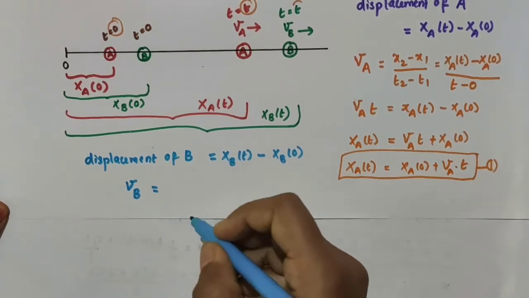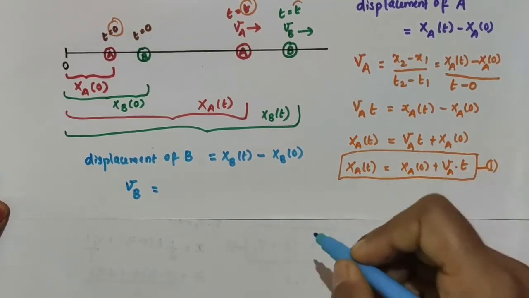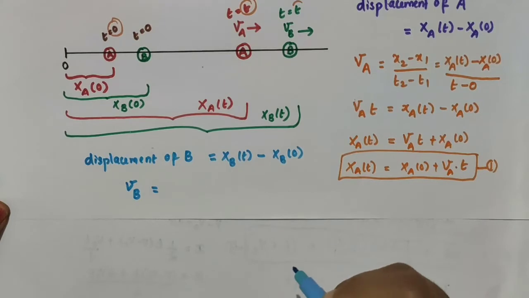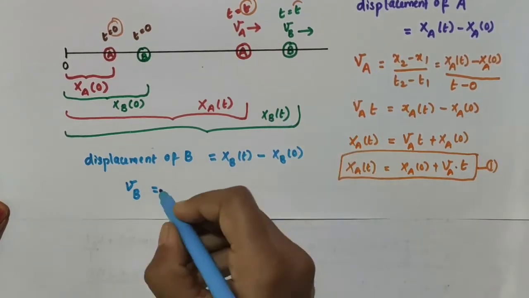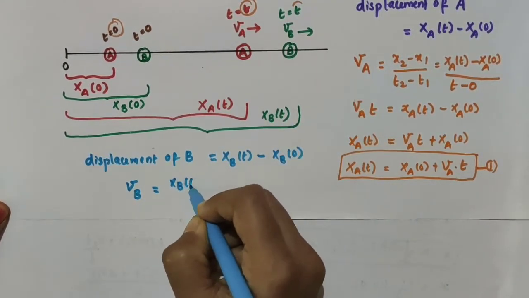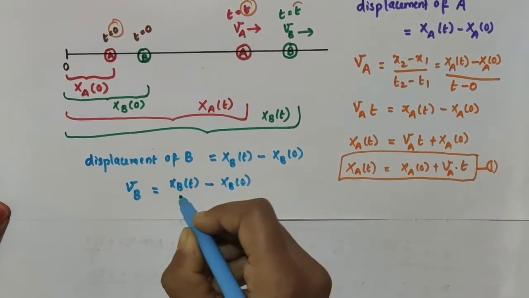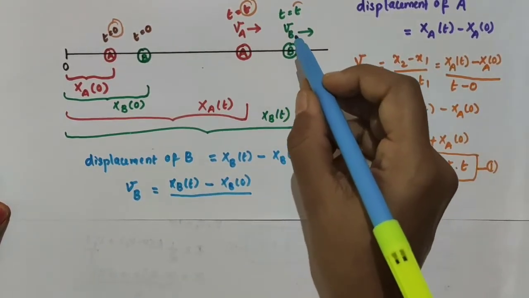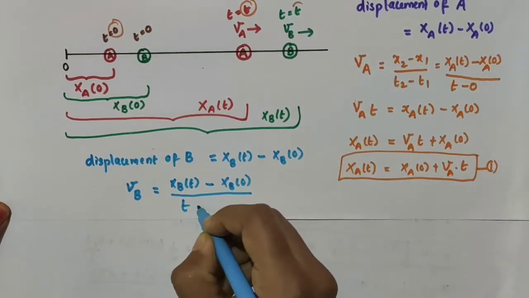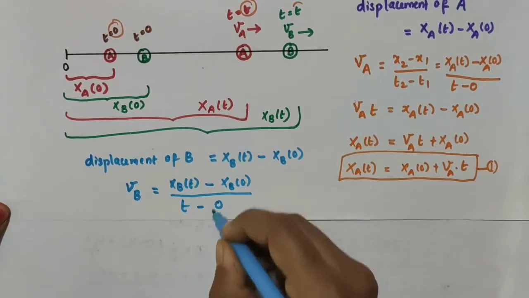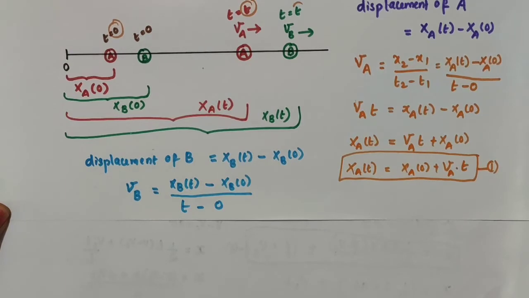So VB equal to x2 minus x1 divided by t2 minus t1. So x2 minus x1, that is xB of t minus xB of 0, divided by t2, that is t, minus t1, that is 0.